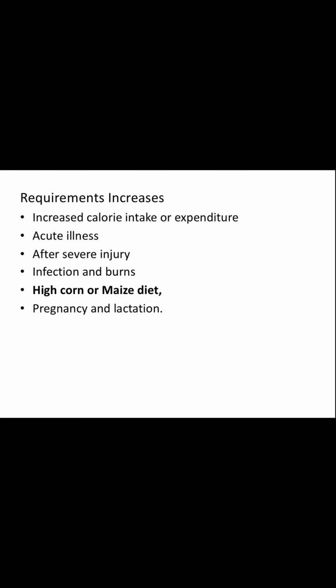The requirement of niacin increases in different conditions, that is in increased calorie intake or expenditure, like if you're exercising, acute illness, fever, after severe injury, infections and burns, pregnancy and lactation. And a high corn or maize diet I'm going to discuss in detail in the later slides.